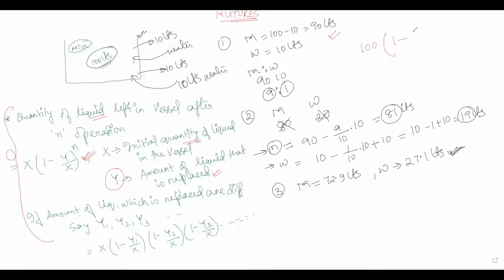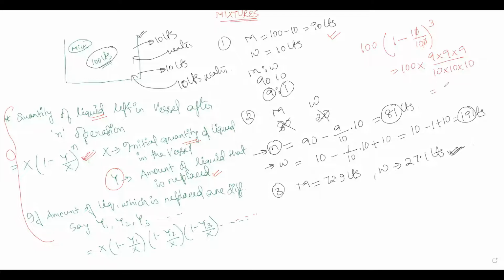If I want to check after the third operation, this would be 100 times (1 minus 10/100) to the power 3. If you calculate this, this would be 100 times (9/10) cubed, which is 9 times 9 times 9 upon 10 times 10 times 10.